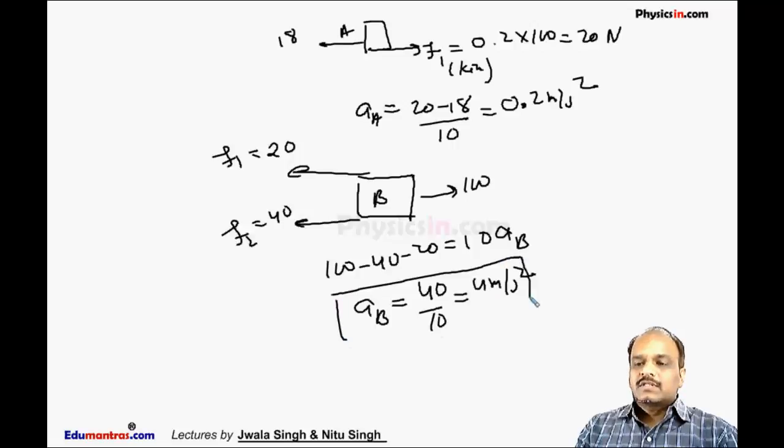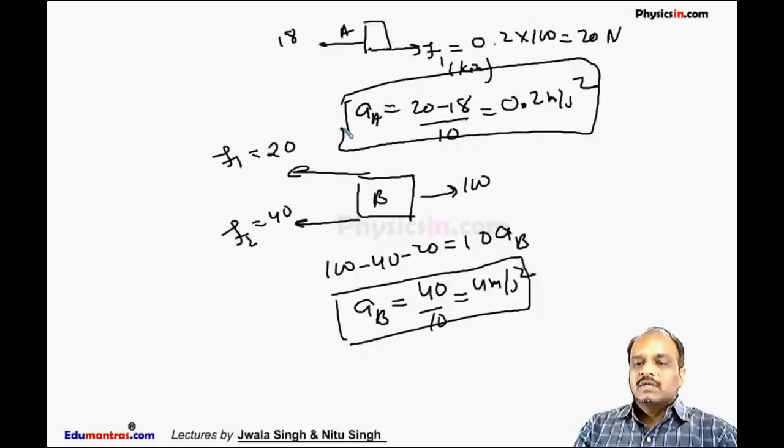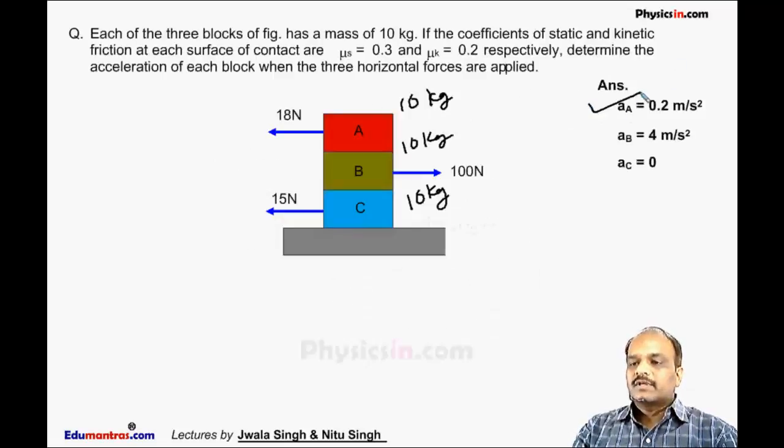The accelerations of these three blocks are different: acceleration of A is 0.2 meter per second square, acceleration of B is 4, and acceleration of C is 0.